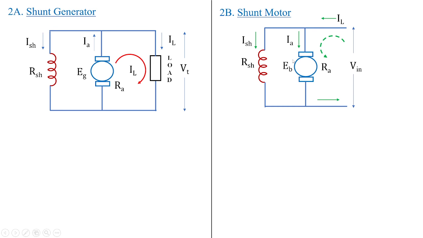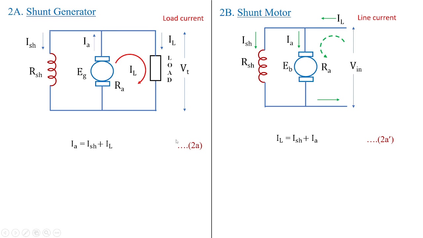Likewise, the shunt motor takes as input V in. EB is the back EMF that is obtained because of the line current. The important part of both these circuits is that the armature current in the case of the generator is equal to the shunt field current plus the load current, whereas the line current in the case of the motor is equal to the shunt field current plus the armature current.